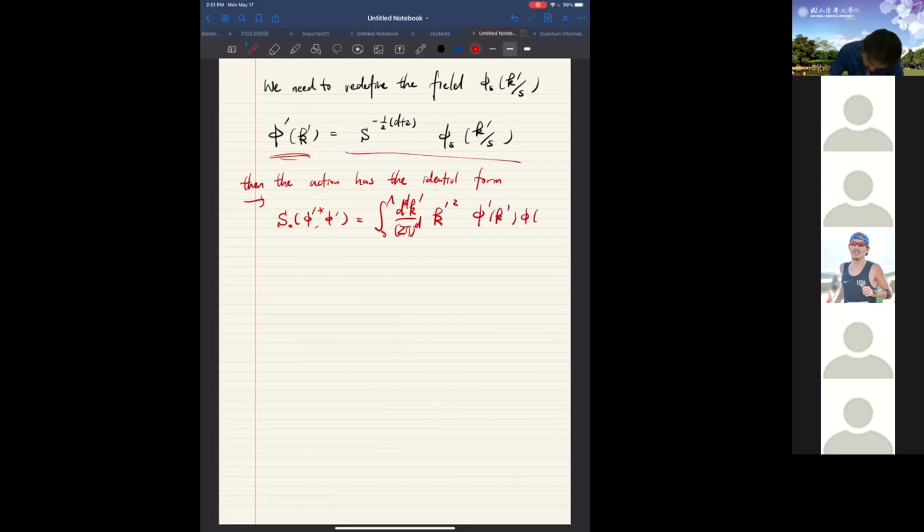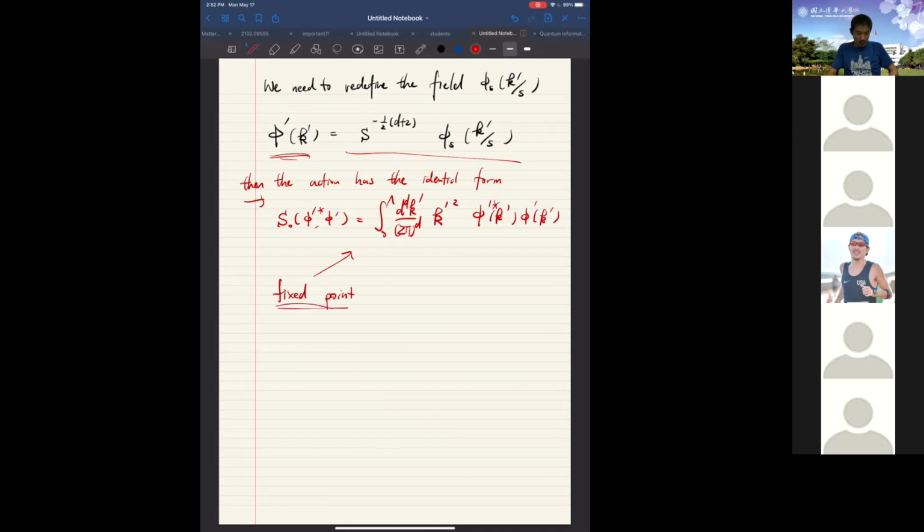So you will immediately get this result back once you redefine your field. So it's kind of a fixed point, right? As we learned from the Ising model, if the action is the same as before, it corresponds to a fixed point.